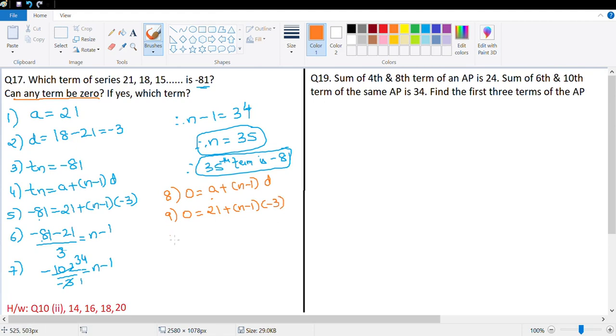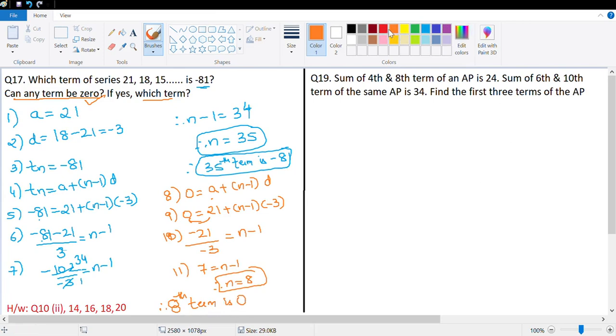That gives me negative 21 divided by negative 3 is equal to n minus 1. That is 7 is equal to n minus 1. Therefore, n is equal to 8. Yes, the 8th term is 0.